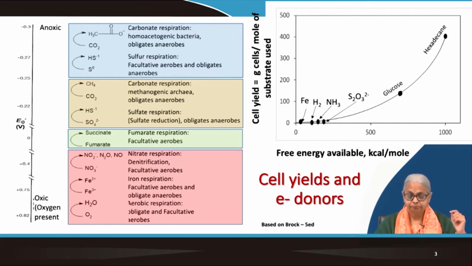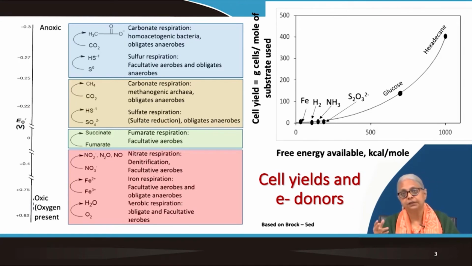Here, the highest amount of free energy available is with hexadecane, a C16 molecule. Then you have a C6 molecule, thiosulfate, ammonia, hydrogen, and iron. As we go from right to left, you will find that the cell yield, the number of cells per mole of substrate, is going down.